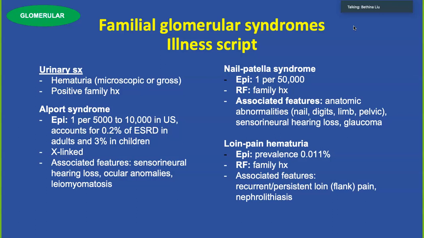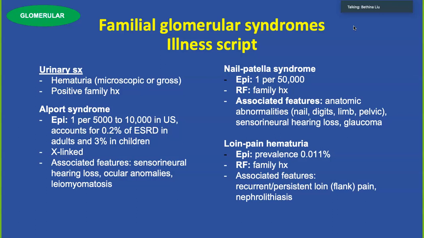So these are rarer conditions than PKD, with Alport syndrome reported to affect 1 per 5,000 to 10,000 people in the US. It's a rarer cause of ESRD in adults than it is for children. It is an X-linked condition, and it can be associated with sensorineural hearing loss, ocular anomalies, and leiomyomatosis.